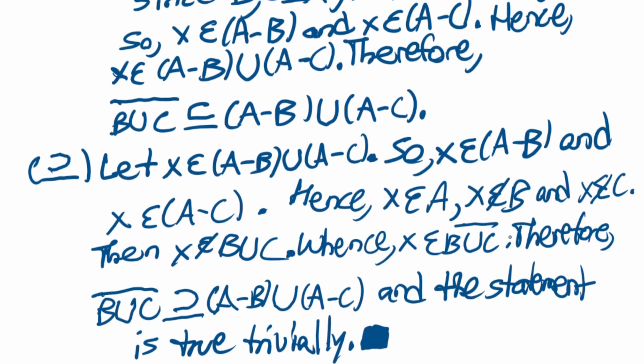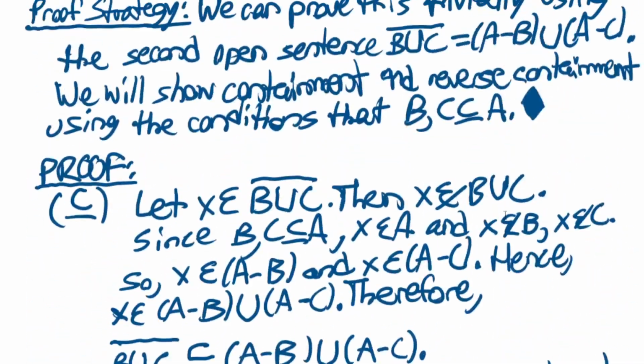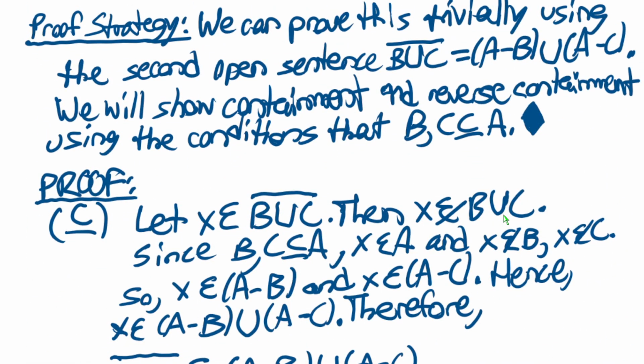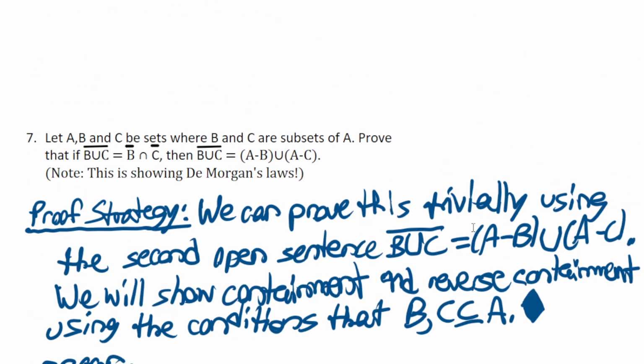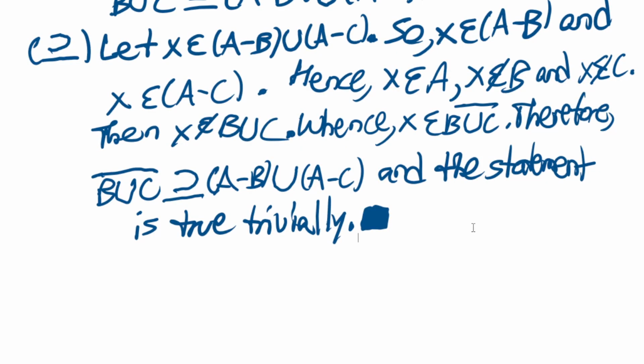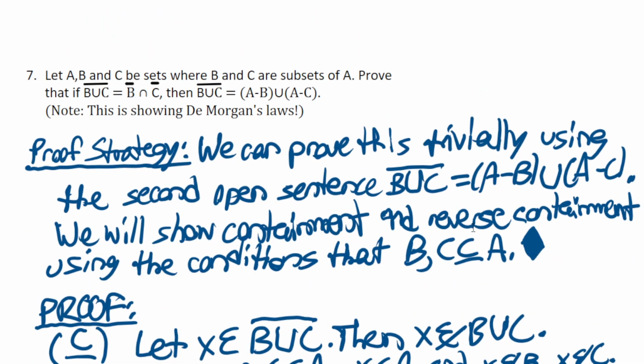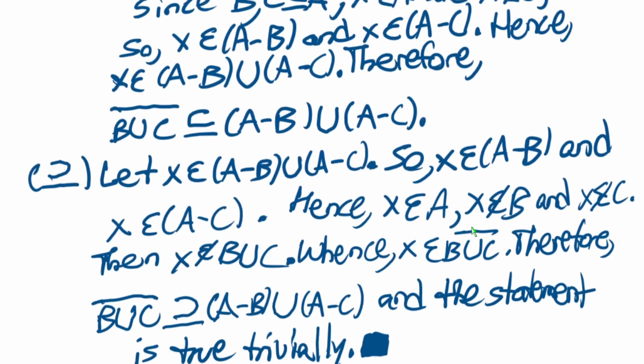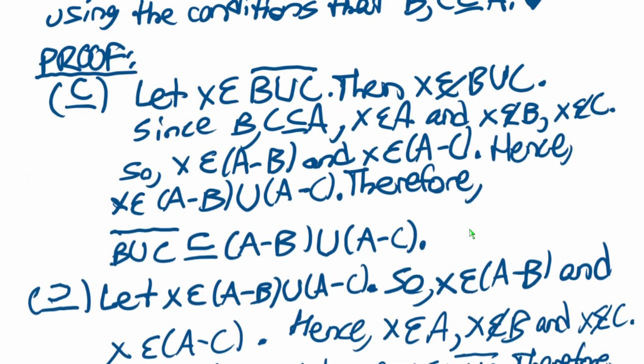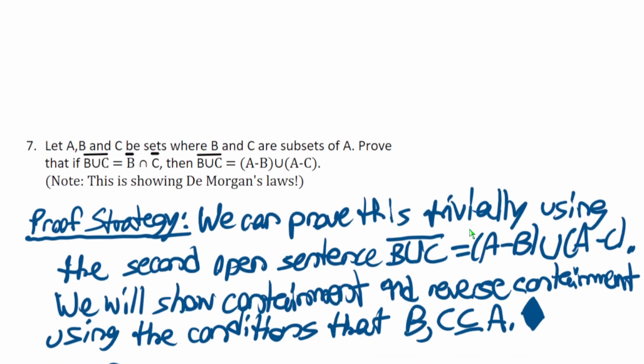So because we proved the statement being implied is true for all the conditions that are given, then we don't even need to look at the first open sentence, the complement of B union C equals complement of B intersection complement of C, because we have proved this implication trivially using containment and reverse containment.